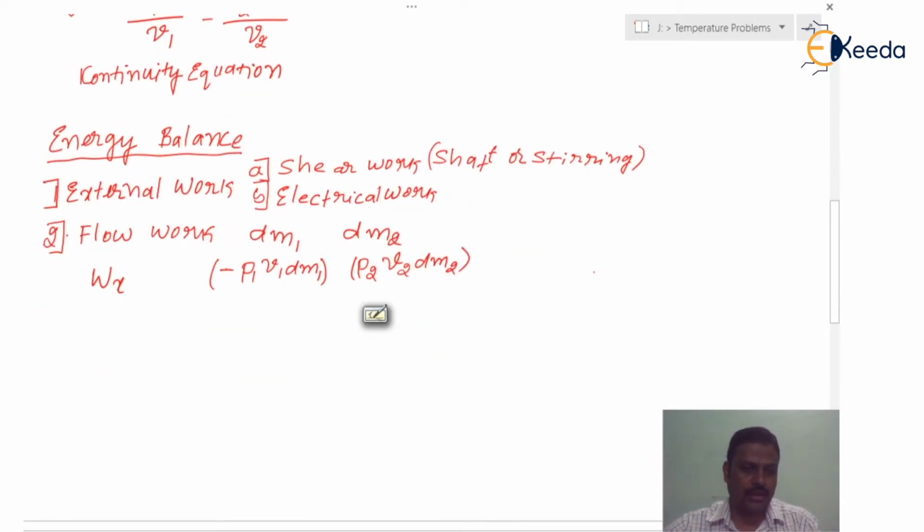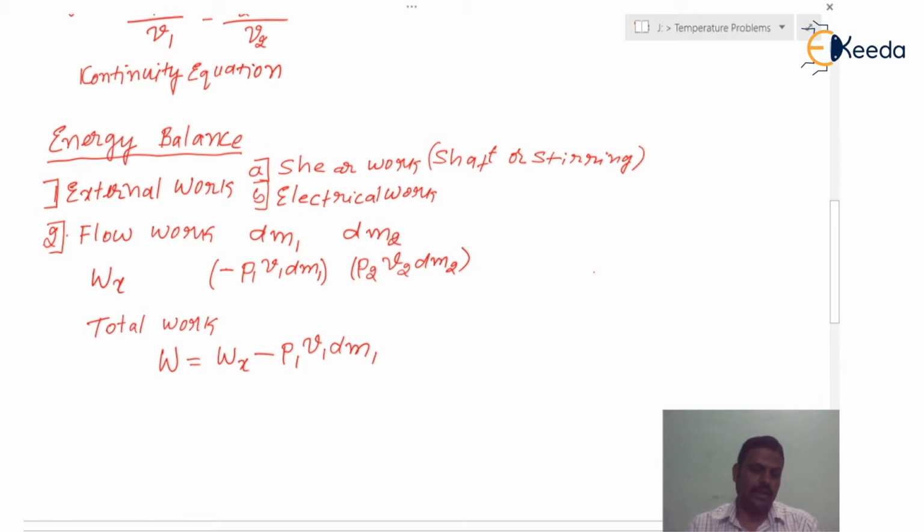Then the total work involved crossing the control volume is given by W equal to Wx, where Wx is shaft work, minus P1 V1 dm1, the flow work at inlet that is done on the system, plus P2 V2 dm2, the flow work at the exit that is done by the system.